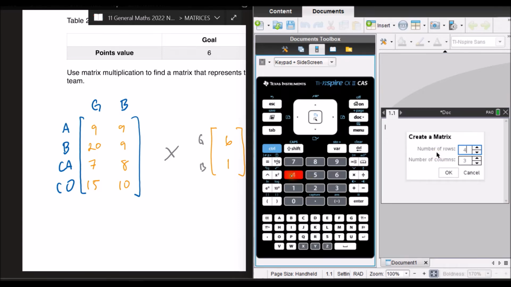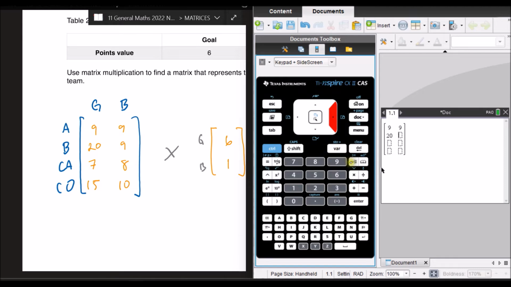So let's go, number of rows is 4, and you've got 2 columns. Okay, put your numbers in. So 9, 9, 20, 9, 7, 8, 15, 10.